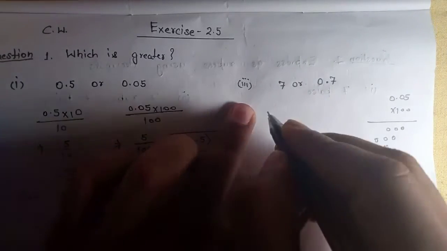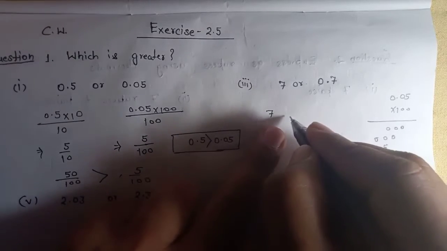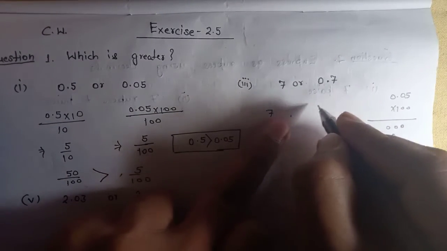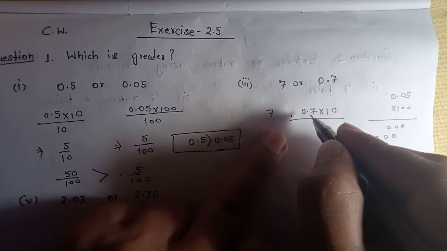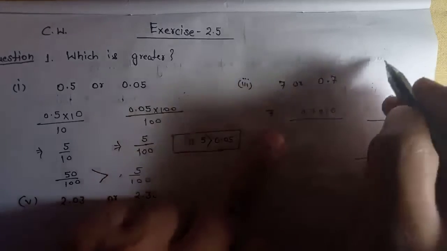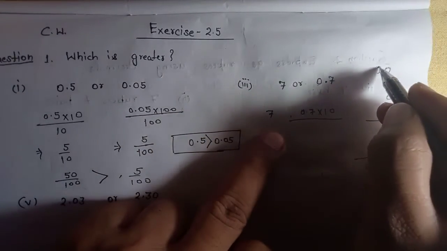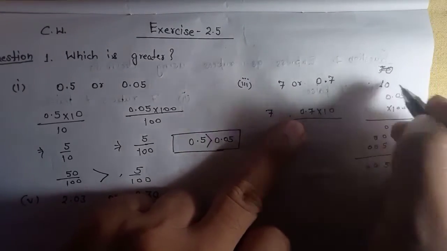Okay, same as we have 7 or 0.7. So 7 is given as an integer, and 0.7 you have to convert into a fraction. So 0.7 is divided by 10 because there is a single number after the decimal. So write 1 and there is one digit, so write 0. It becomes 10.